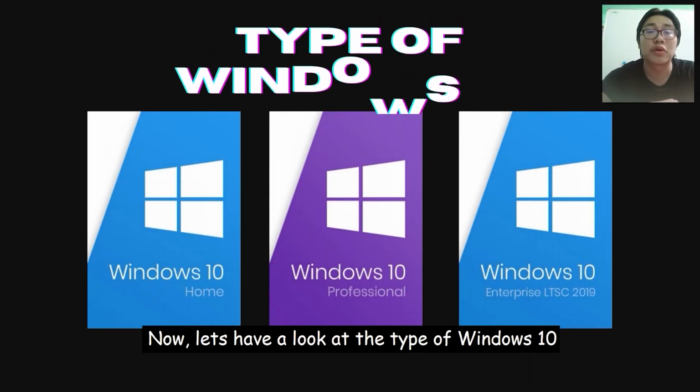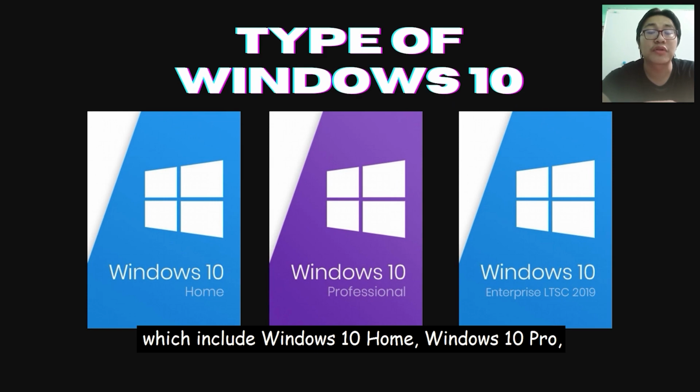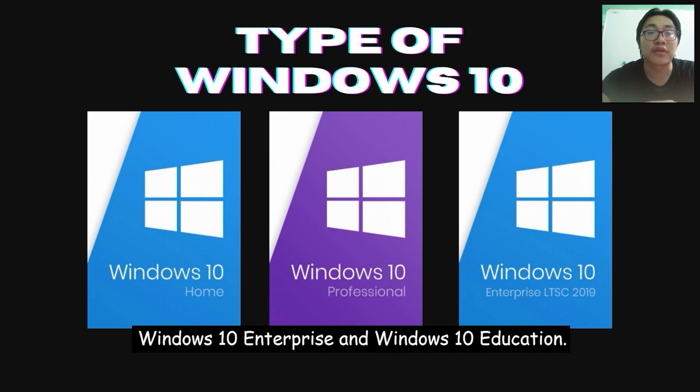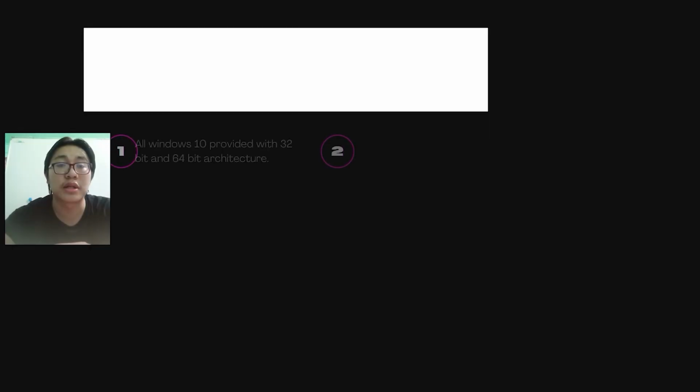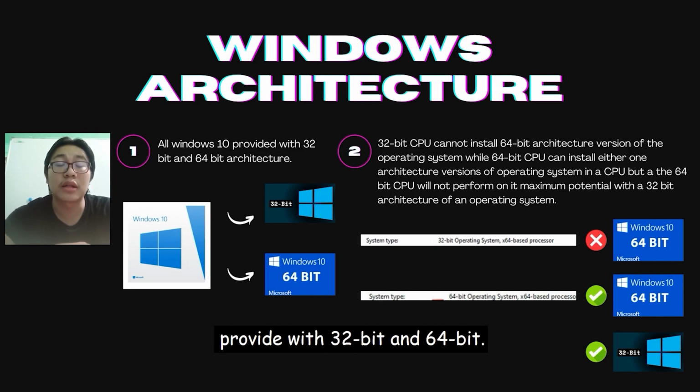Now, let's have a look at the types of Windows 10, which include Windows 10 Home, Windows 10 Pro, Windows 10 Enterprise, and Windows 10 Education. First of all, in terms of architecture, all the Windows are provided in 32-bit and 64-bit.